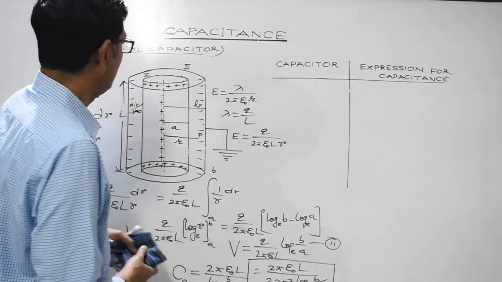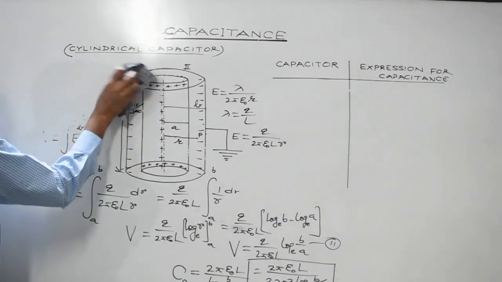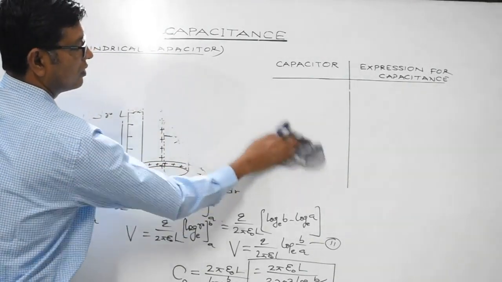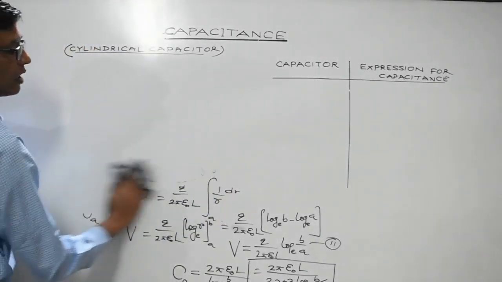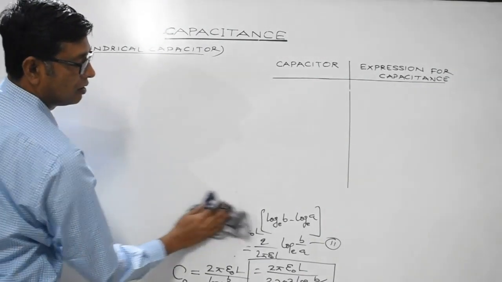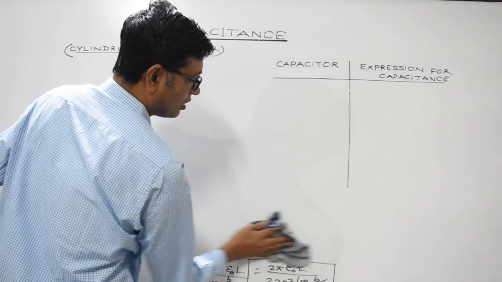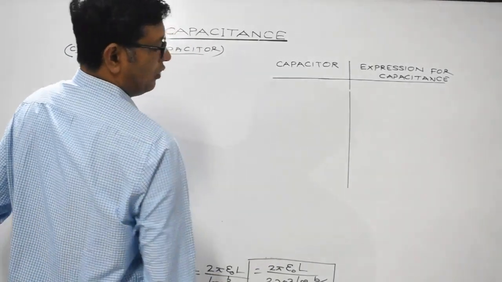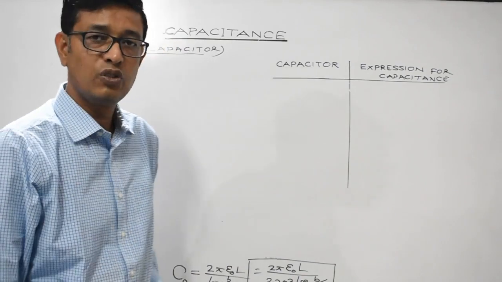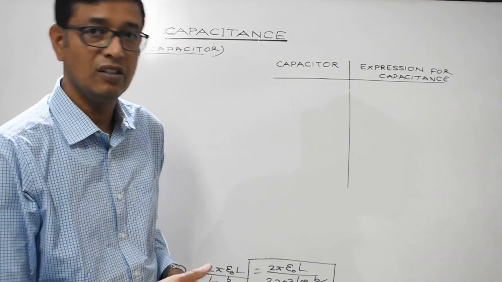So here also C medium would be greater than C vacuum. That is, if you consider a parallel plate capacitor, a cylindrical capacitor or a spherical capacitor, whenever some medium is introduced, the net capacitance tends to increase.